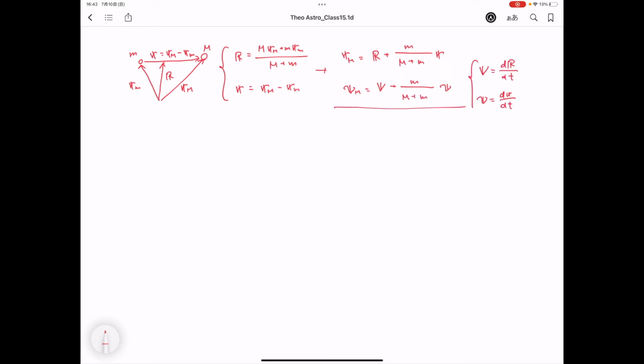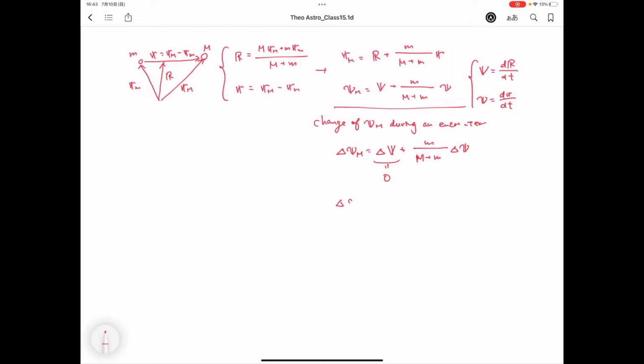From this equation, you can find the change of V sub m during a single encounter. So delta V sub m equals delta V plus m over m plus capital M times delta v. Actually, the center of mass doesn't move, so delta capital V equals 0.